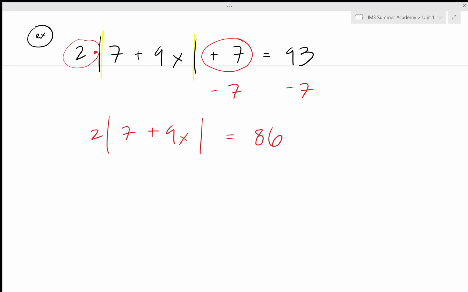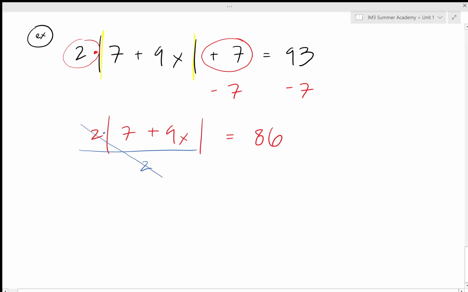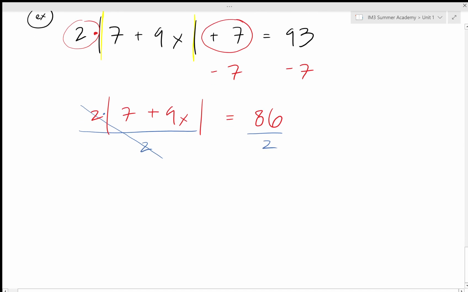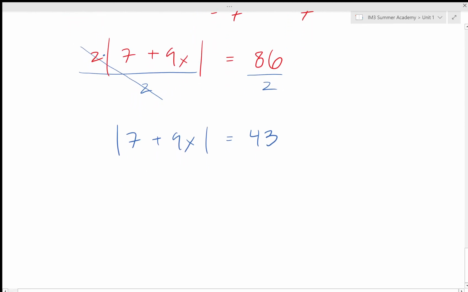All right. Next thing to do is break off this 2. That's going to break off with division on both sides. Absolute value of 7 plus 9x equals 86 divided by 2 is 43. All right.